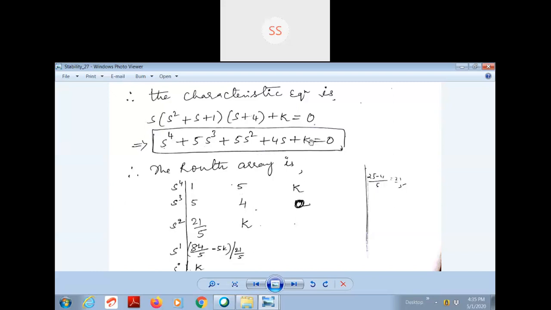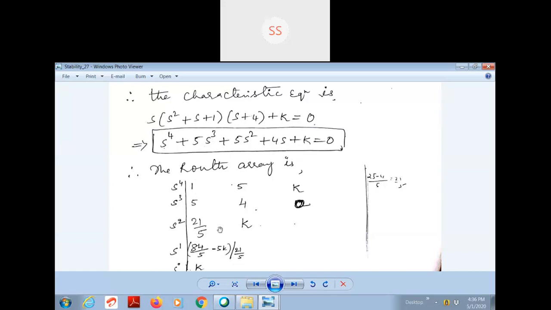Then the remaining values, the next row, are a1 and a3. So a1 is 5 and a3 is 4. So the two rows are filled up by looking at the given characteristic equation itself. Now we will start writing from the third row onwards.